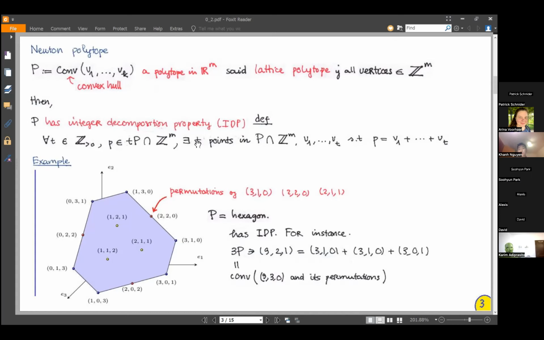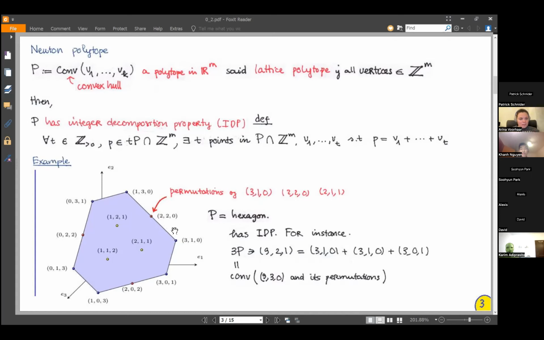there are t lattice points of P, say v1 to vt, so that we can write the point as the sum of v1 to vt. So for example, you see in the picture here, I consider 12 points. The first 6 points are permutations of 310.